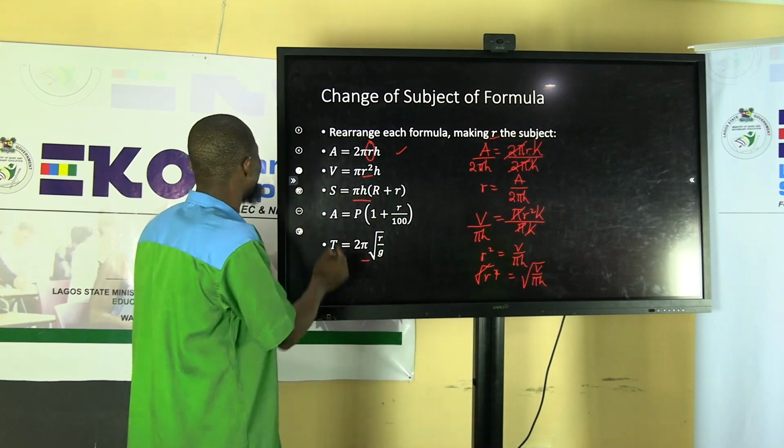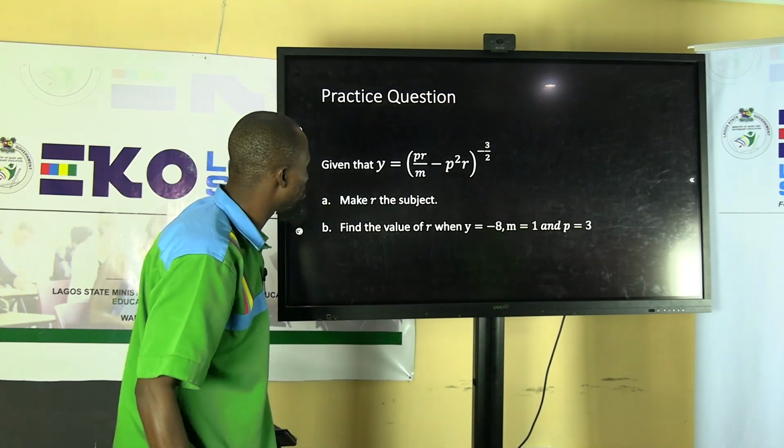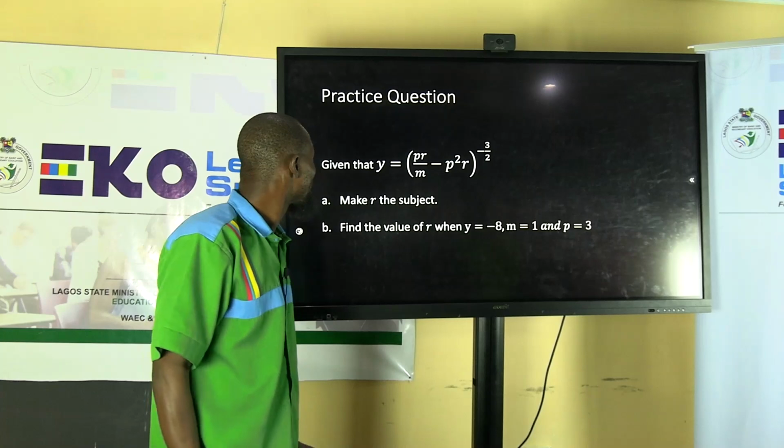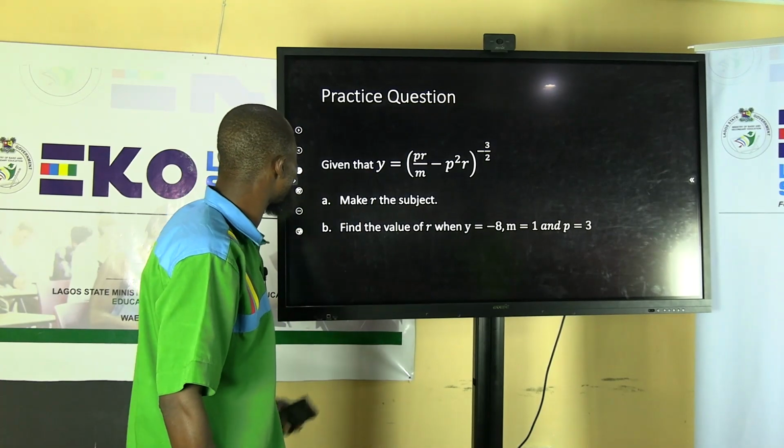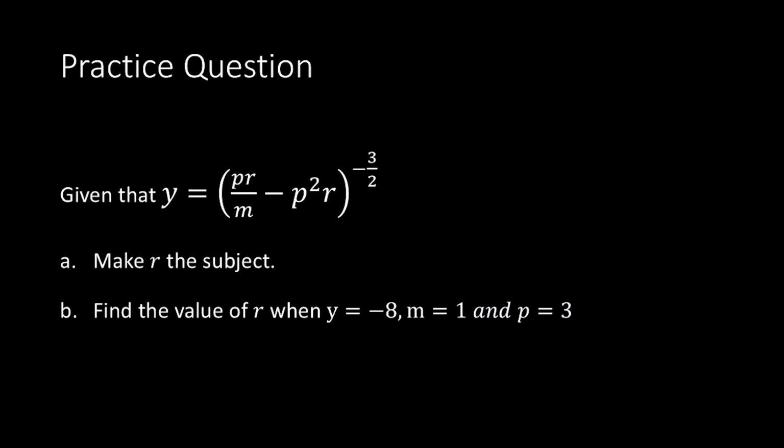And before we go, let's quickly look at our practice questions. Okay? So I have the question: given that y equals PR over m minus p squared r, raised to power minus 3 over 2, make r the subject. Find the value of r when y is minus 8, m is 1, and p is 3.